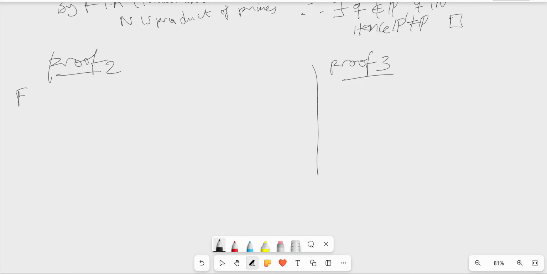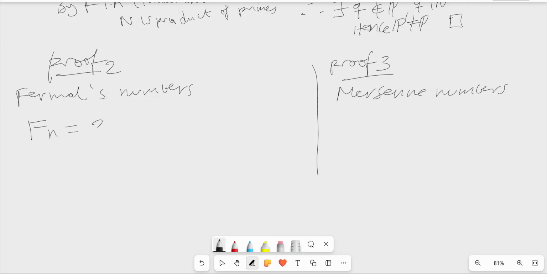Here we use Fermat numbers and here we use Mersenne numbers. Fermat numbers are numbers of this form: 2 to the 2 to the n plus 1. A Mersenne number is 2 to the p minus 1.